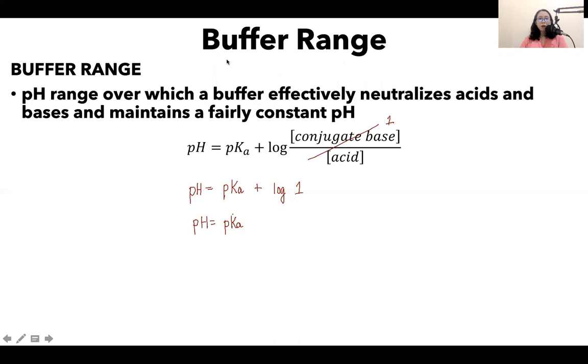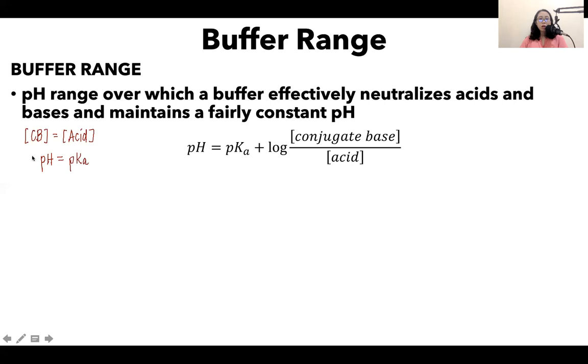Let me just take note of that. If the concentration of the conjugate base is equal to the concentration of the acid, pH is equal to pKa.